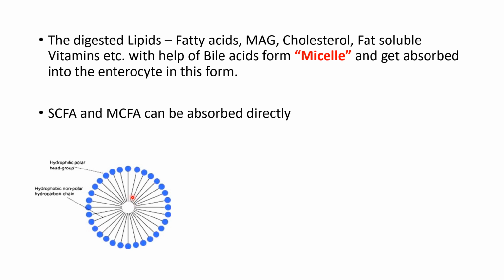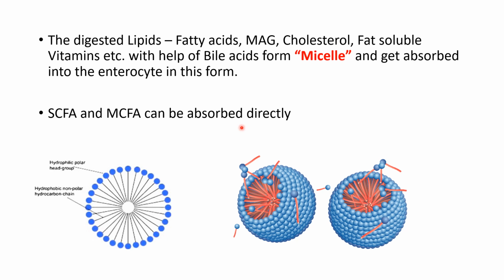So my lipid structures are resting here, and with this outside hydrophilic coat-like structure, they help in their absorption. If we try to see a 3D-like structure of this, then we can see that the outside is formed by the hydrophilic polar heads of these amphipathic molecules, and this inside area is covered by the hydrophobic non-polar tails.